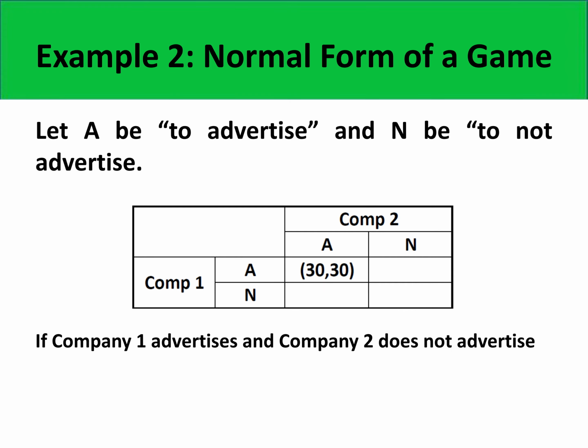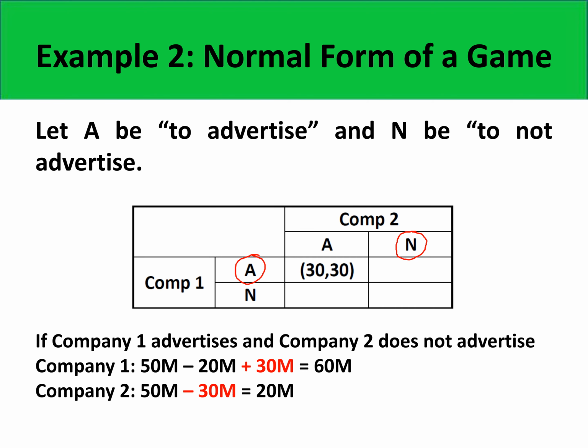Now, if company 1 advertises and company 2 does not advertise, this means that company 1 loses 20 million pesos from advertising costs, so it will be deducted from the 50 million pesos, but company 1 gets an additional 30 million pesos since company 2 is not advertising. So in this case, company 1 gets 60 million pesos.